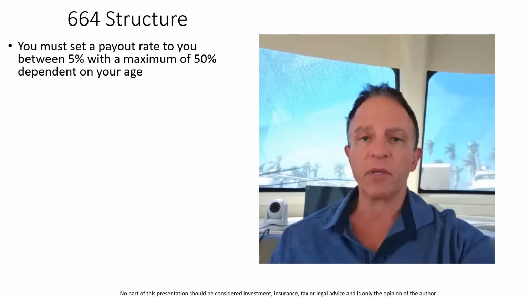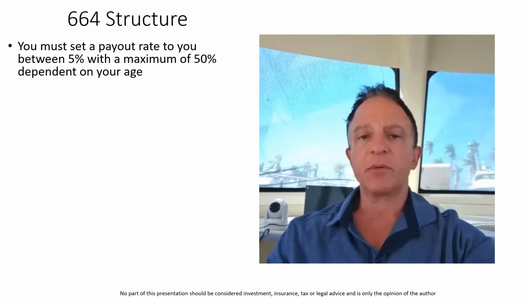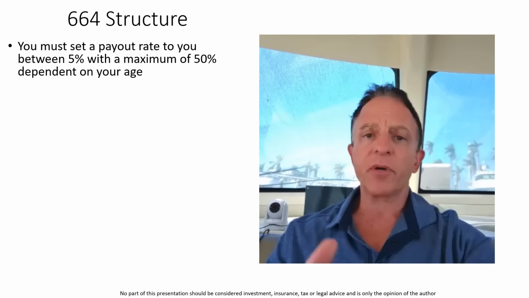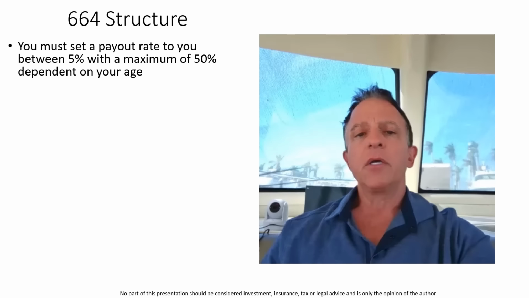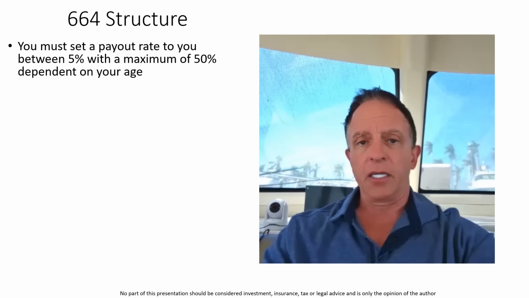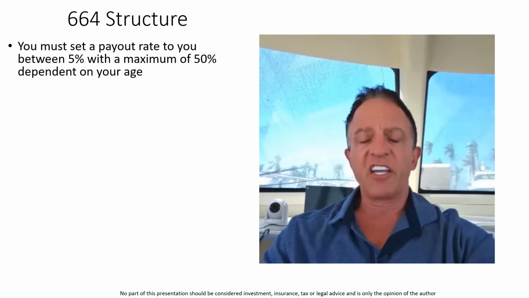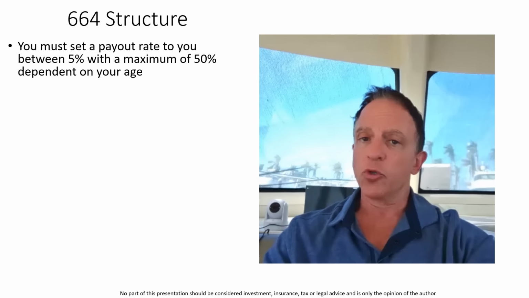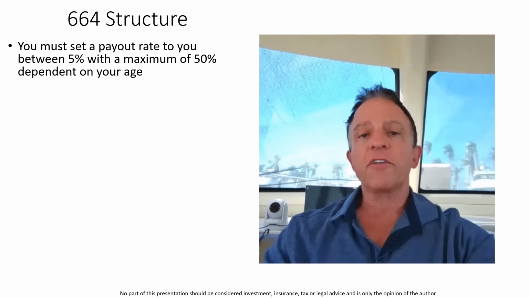So again, going back, just make sure you're dealing with somebody that really knows what they're doing, but go back to the 5-10 rule. So you can go as low as 5%. The IRS, in these new rules that they designed in the 90s, what's called a 5-10 rule.